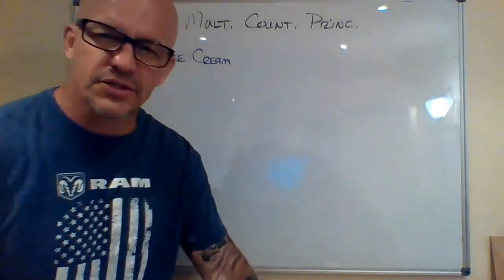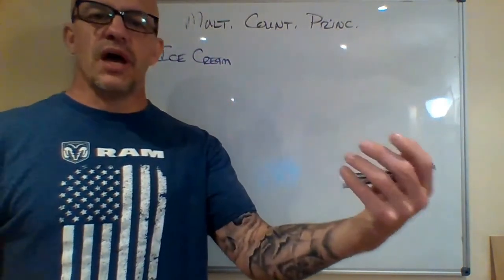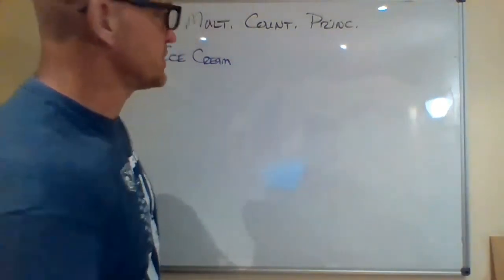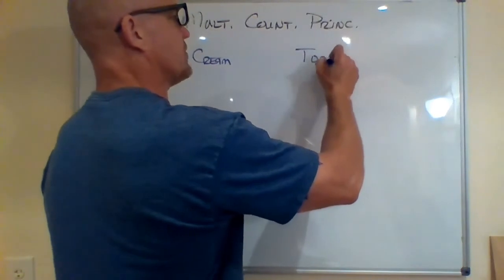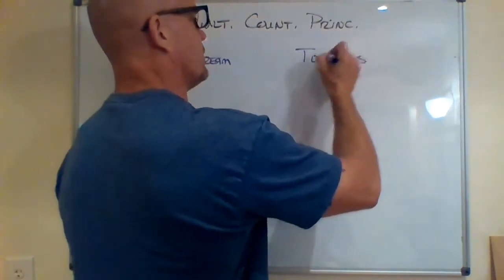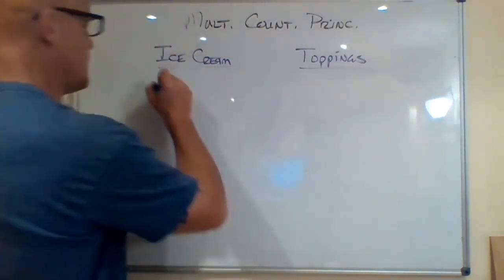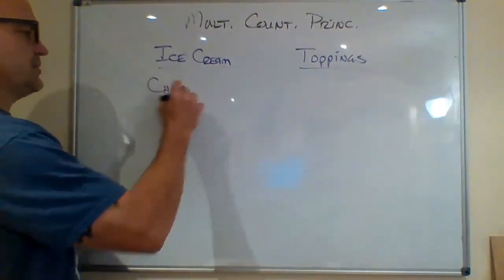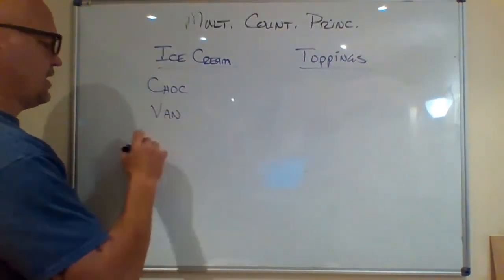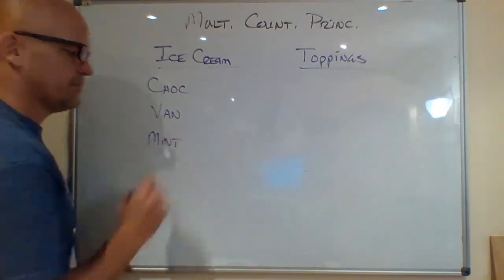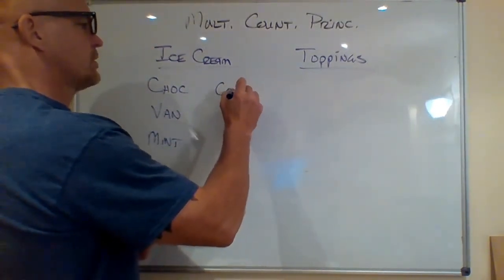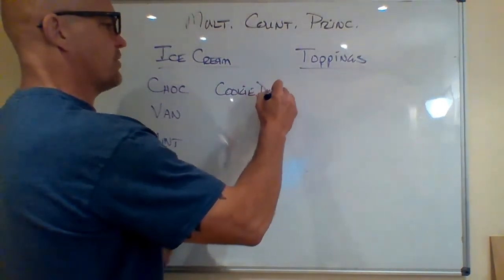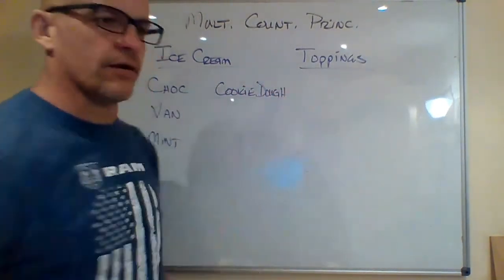You choose a scoop of ice cream and then you choose your toppings. So I know now I want ice cream, right? So let's say we have, usually I'd ask you guys to give me choices: chocolate, vanilla. You've got to have mint chocolate chip. Cookie dough? Yeah, cookie dough.